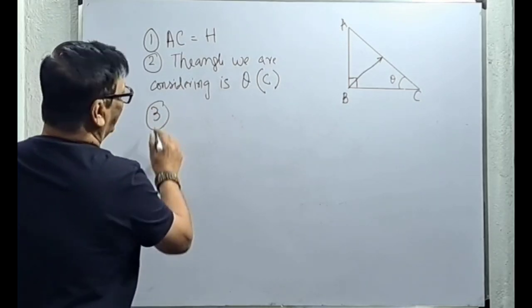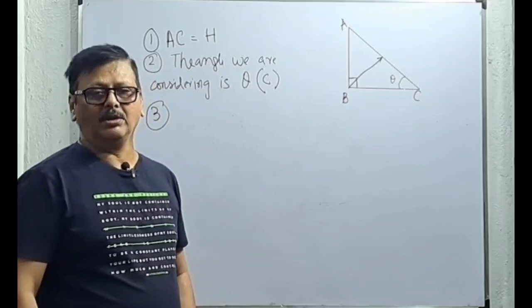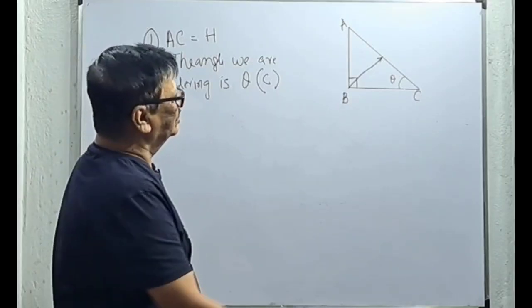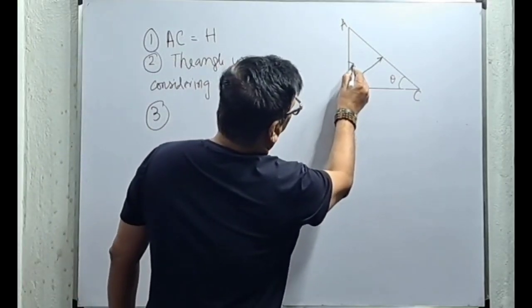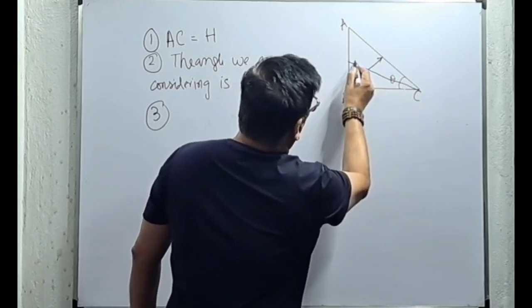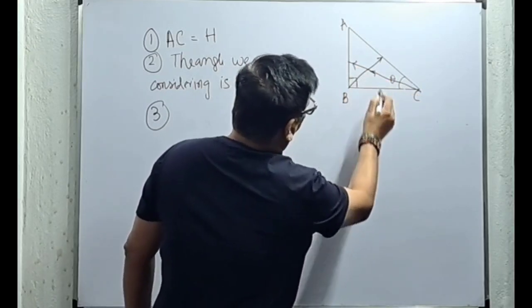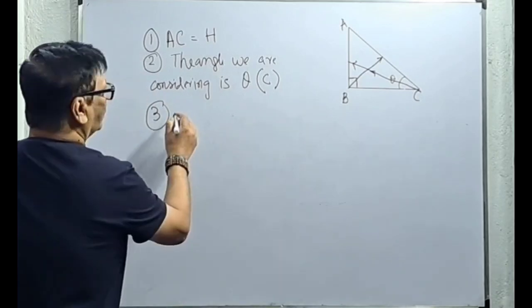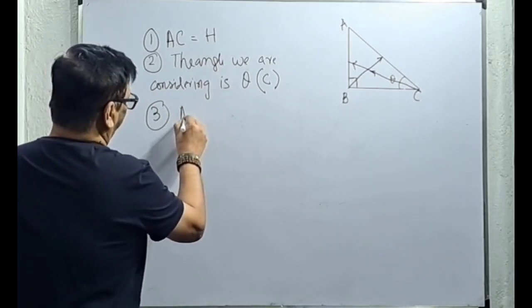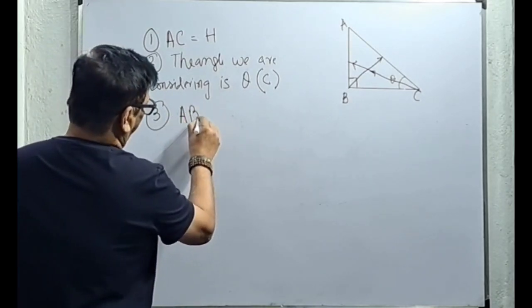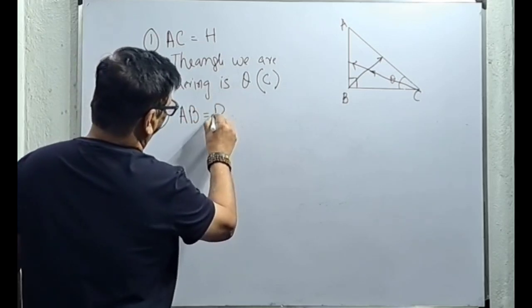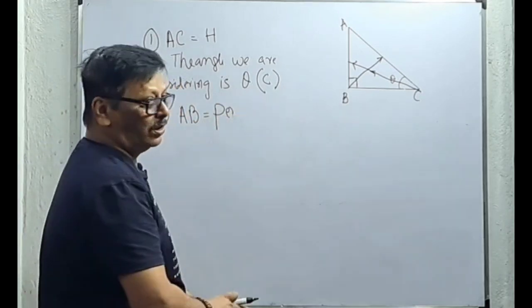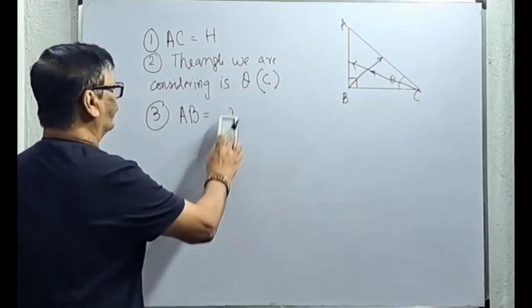Now, so in that case, number 3, what will be the perpendicular or the opposite side, right? So the opposite side will be this one, right? So AB is equal to perpendicular, we'll call that P, right?